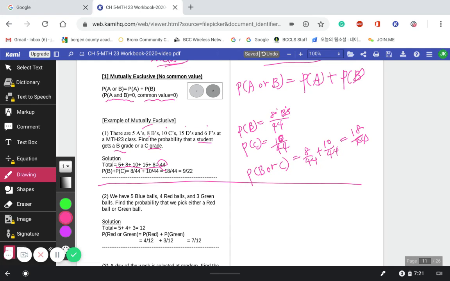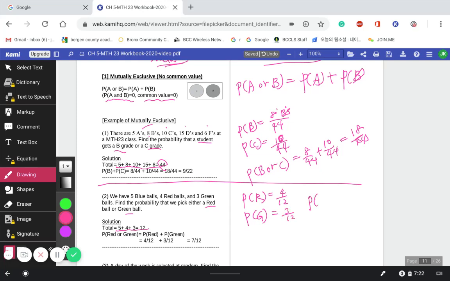Now, how about we have 5 blue balls, 4 red balls and 3 green balls. Find the probability that we pick a ball and it happens to be red or green. So here you find the probability of red and the probability of green. The probability of red is 4 out of 12 because the total is 12, and green is 3 out of 12.